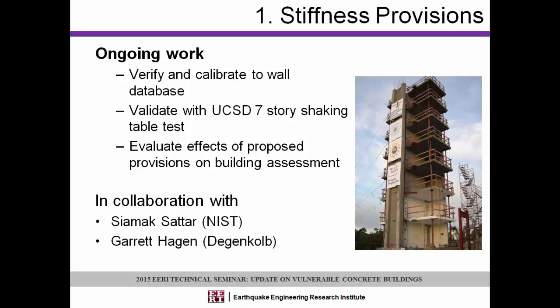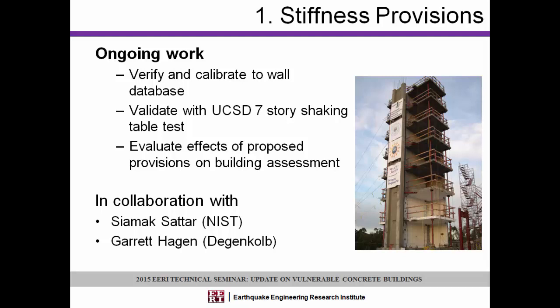And I'd like to thank Siamak Sattar for doing the database work, and Garrett Hagen at Degenkolb for looking at some sample structures for this. And so we're confident that this works, or is the way forward. It matches up with a lot of data, and it will have a significant impact on the analysis in ASCE 41.